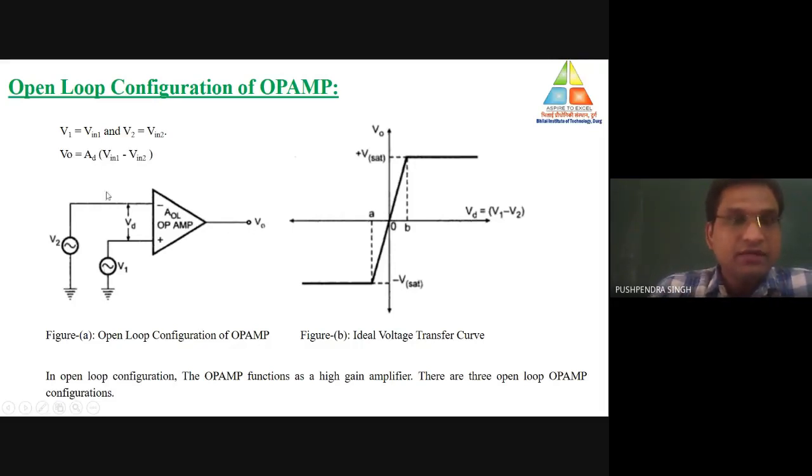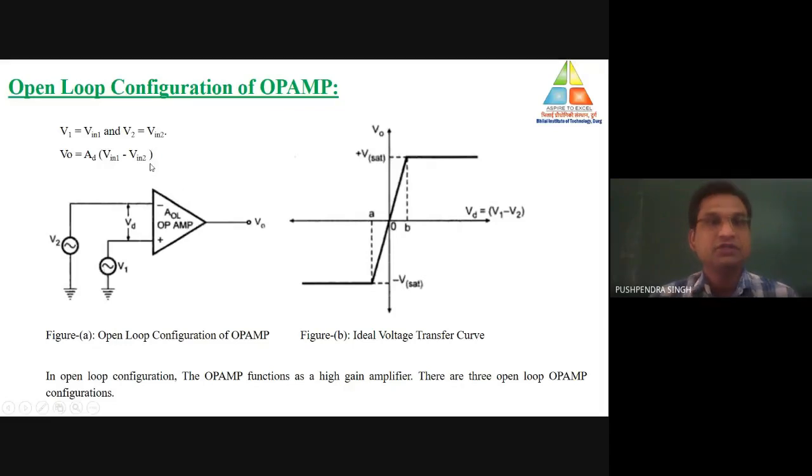So from here, what is the value of output? Output is equal to AD (V in 1 minus V in 2). From here, it is clear that the value of output voltage of op-amp completely depends on the values of V in 1 and V in 2.